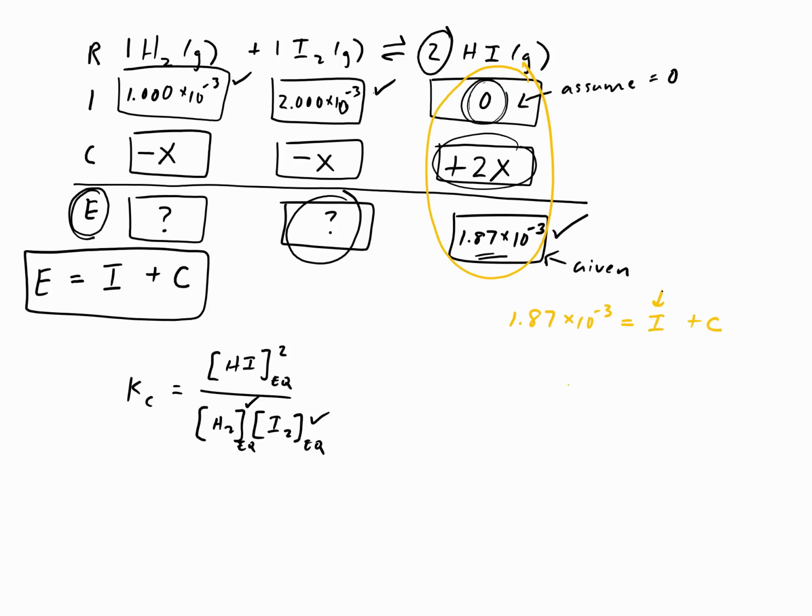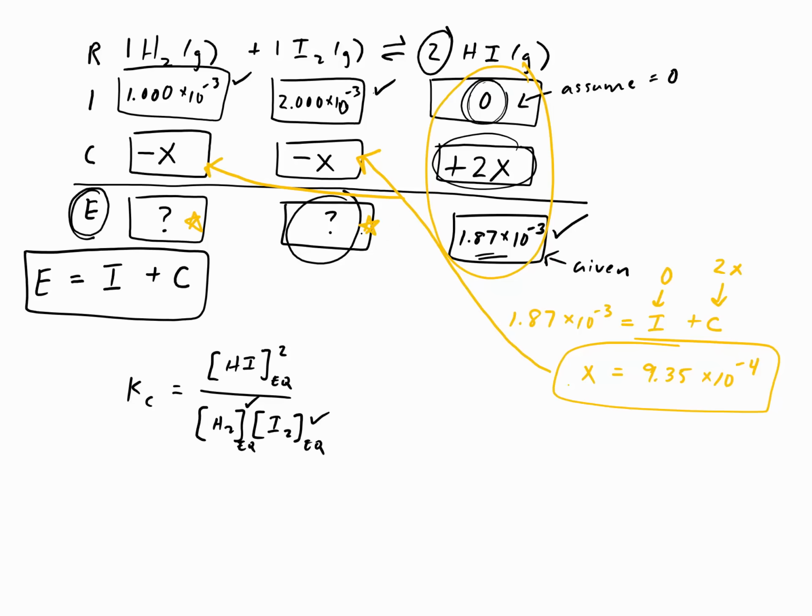We'll plug in 0 initially and 2x here for the change. Solving for x, we get 9.35 times 10 to the negative fourth. Okay, so now we know what x is, so we put that right here, and we could figure out what these numbers are here and here.